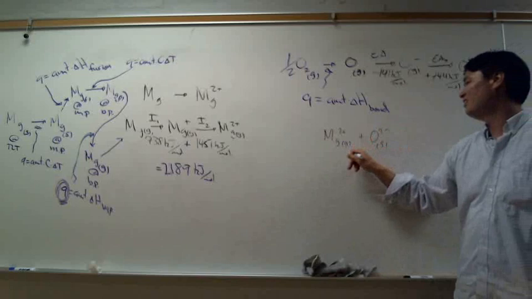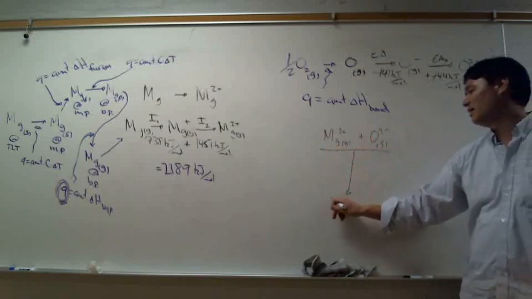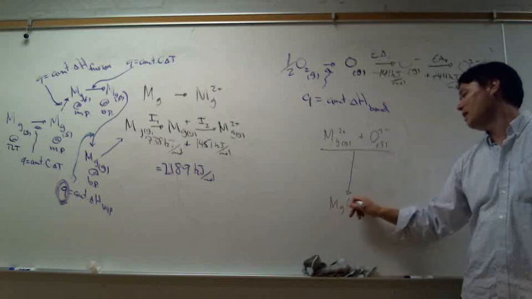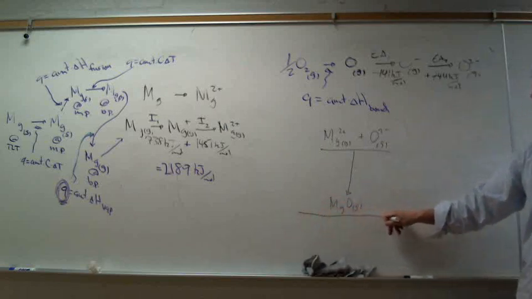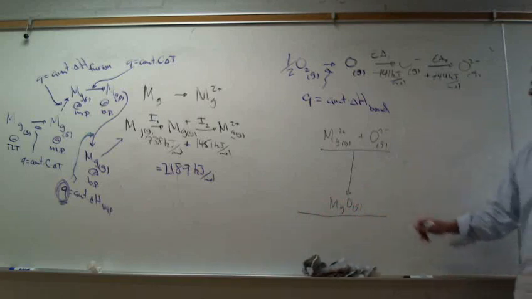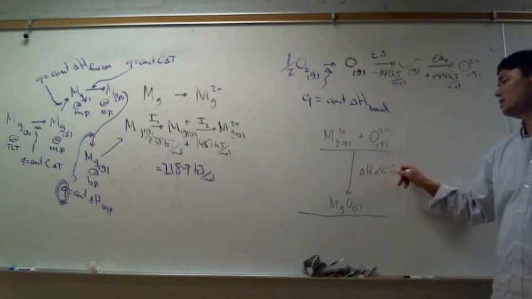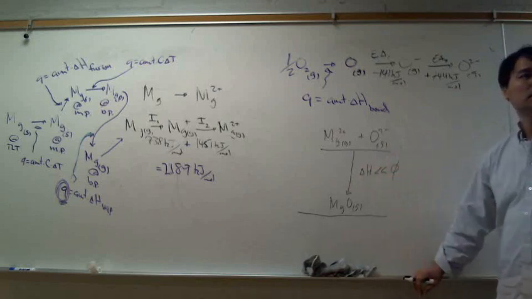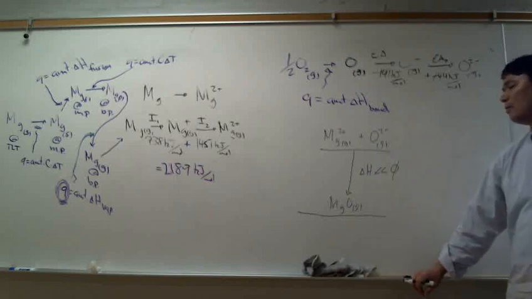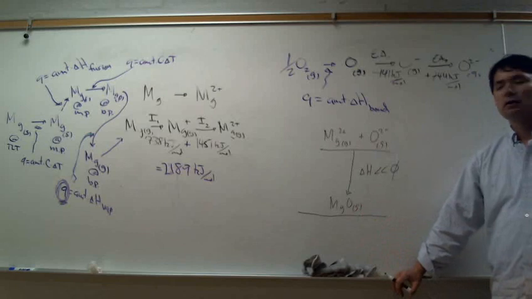When we combine them, then there's a huge energy refund to form magnesium oxide solid. And so here's the return. This delta H is highly exothermic. In other words, when we form the bonds, we get the energy back.